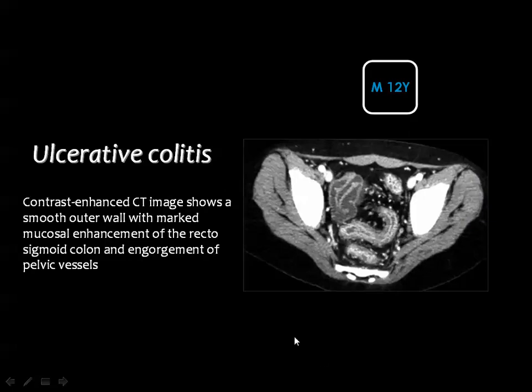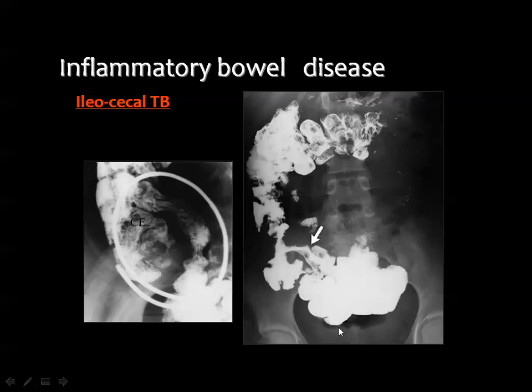Then by CT you will see thickening of the wall and narrowing of the lumen, and this is once more not specific for a particular disease, and you need the help of mucosal biopsy to confirm the diagnosis.